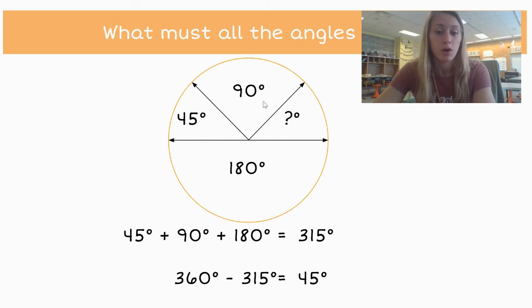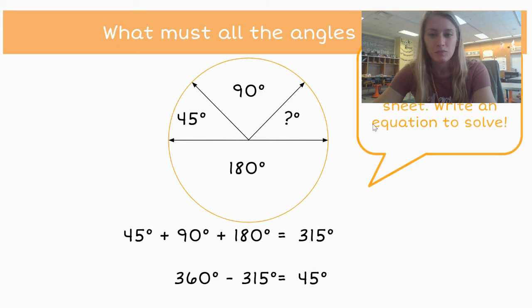Again, now you can add them all up to make sure. 180 plus 45 plus 90 plus 45 should all equal a 360-degree circle. I want you to try the next two problems on your sheet and write an equation to solve.